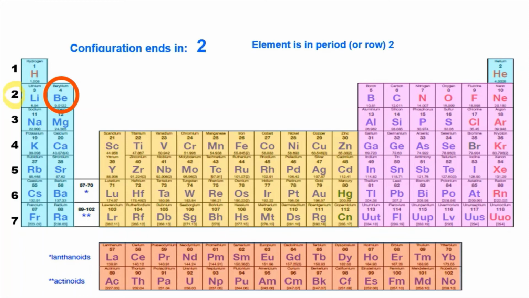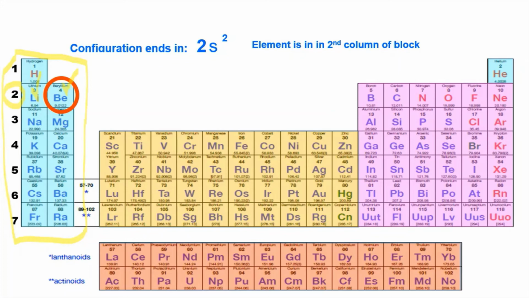So the configuration should end with energy level 2. This is also in the s block, so it should end with an s. And beryllium is not the first element in that block, it is the second element, so it should end with a 2 as the exponent.